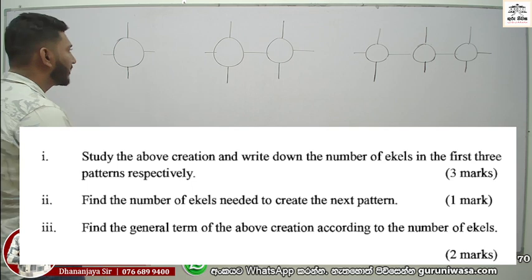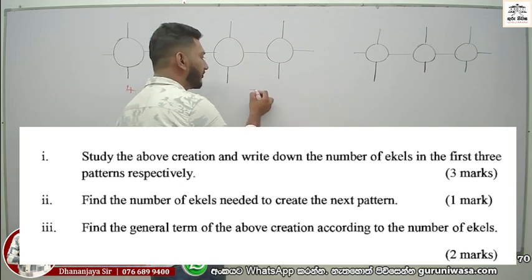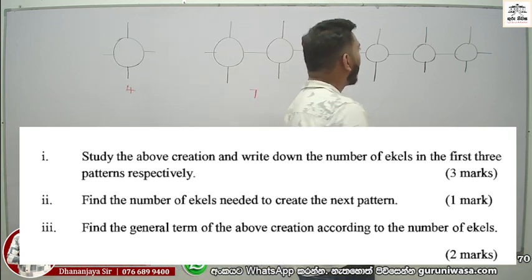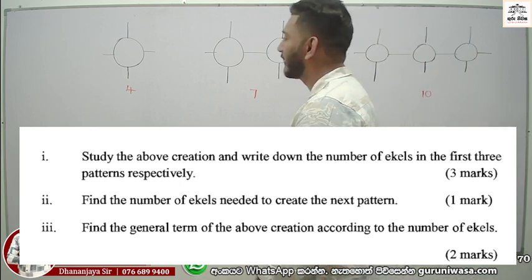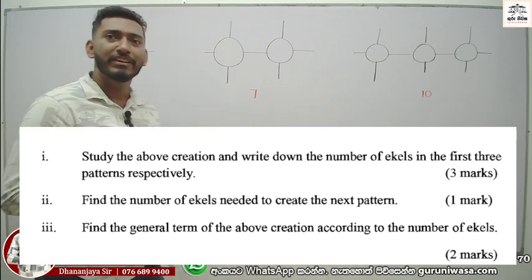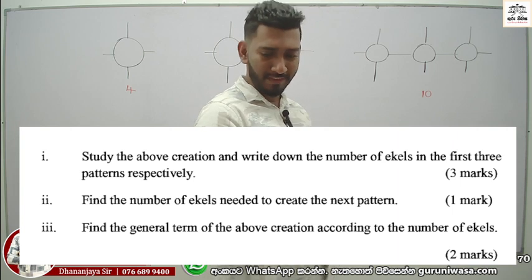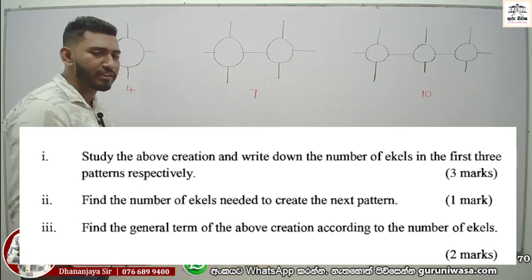There are 4, and there are 1, 2, 3, 4, 5, 6, 7, and there are 1, 2, 3, 4, 5, 6, 7, 8, 9, 10. Then there is 3 by 3, and therefore the next pattern should need 13.